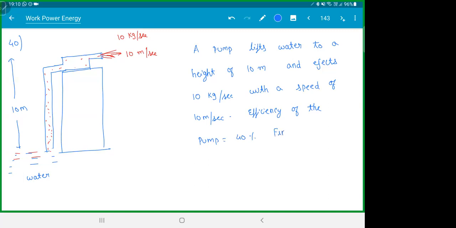Find the power supplied to the pump, or the input power to the pump. Meaning whatever electricity you're giving, the pump is using only 40% of it to lift the water, the remaining is wasted. So how much power are you supplying to the pump? Is the question clear, everyone? Try.